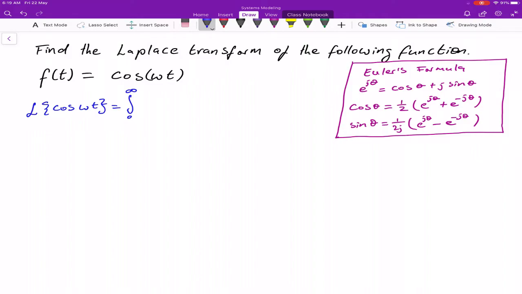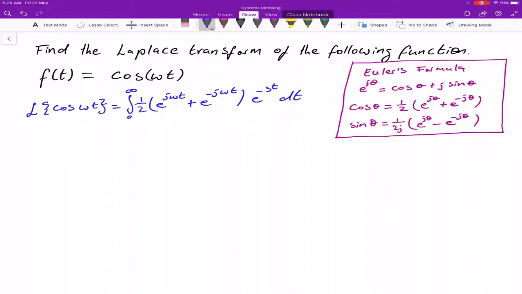We have cosine theta is a half times e to the j omega t plus e to the minus j omega t, times our Laplace operator e to the minus st dt. As you can see, this is now all in the form of the exponentials.